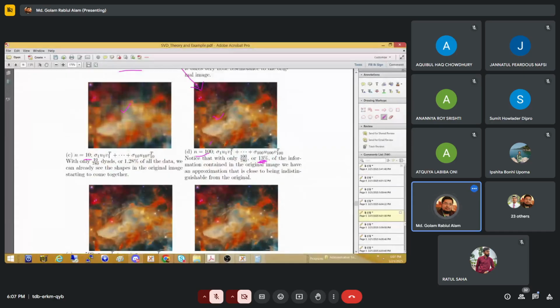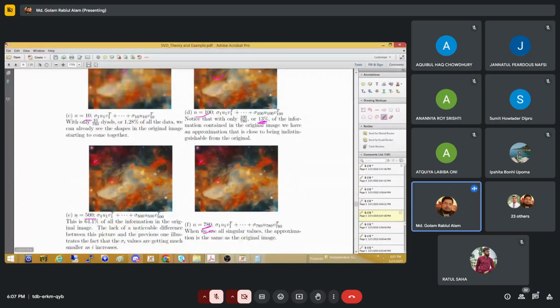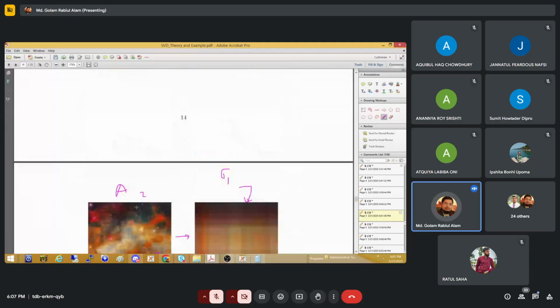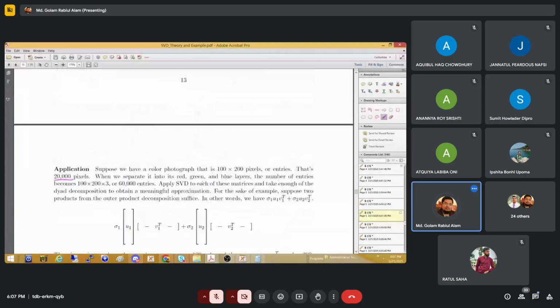If you need a clearer version, you can use n equal to 500. In that case, you need just 64% of the data. So this is how SVD can help reduce the data dimension.